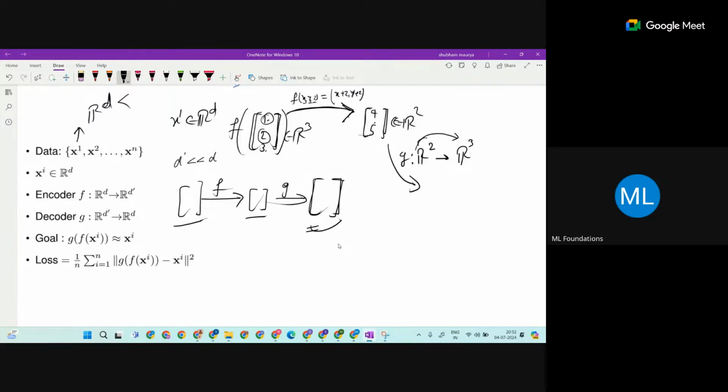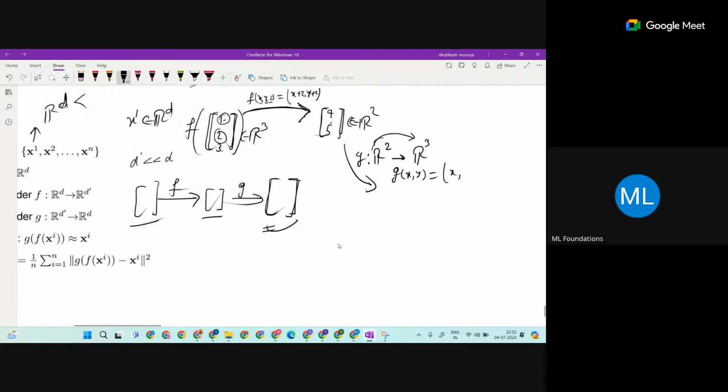For example, the expression is going to be g of (x, y) equal to (x, x plus y, x minus y). Generally, the encoder and decoder are going to be linear transformations, because you are sending from one vector space to another.